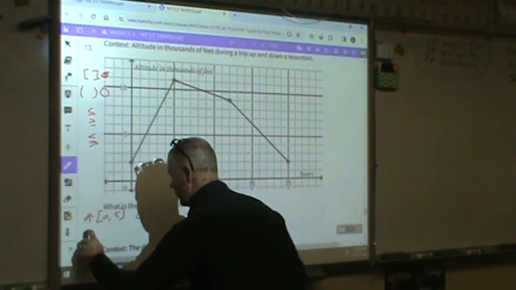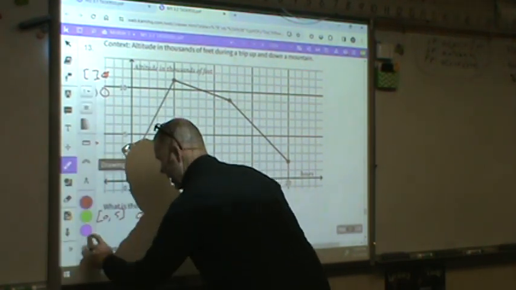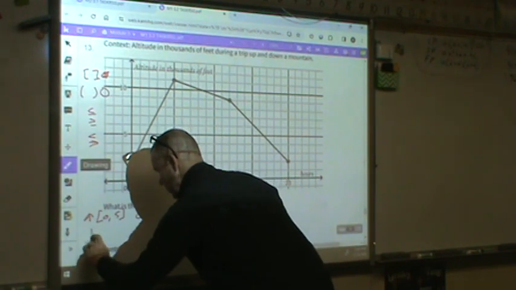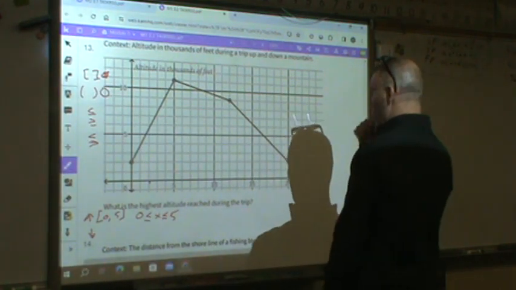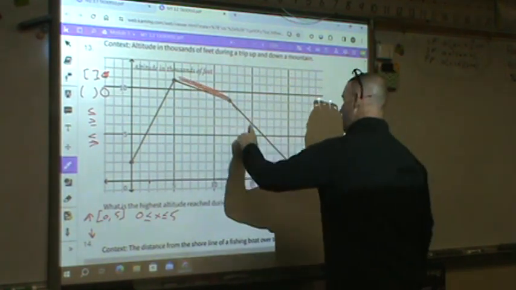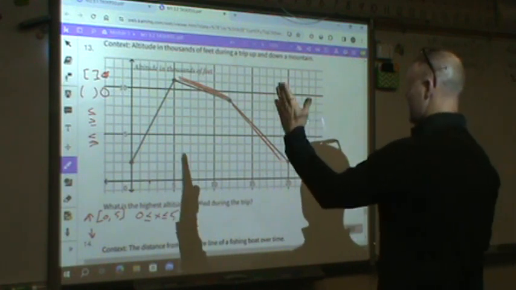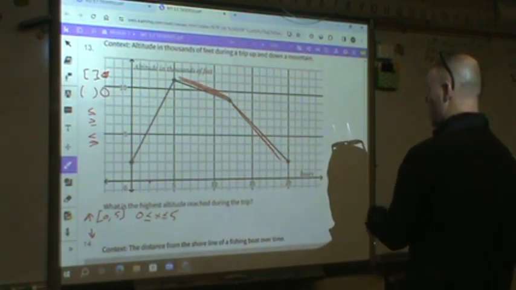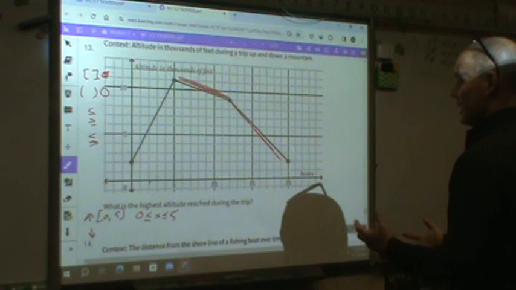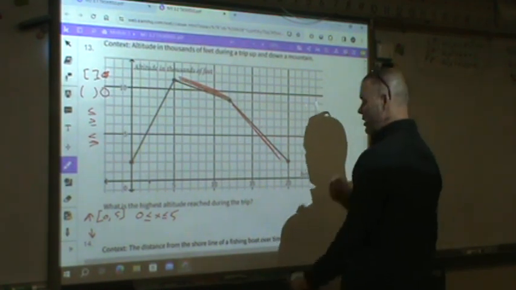Now, what about my intervals of decrease? Down is decrease. If we look, I have one interval of decrease, and then it changes. So I'm going to have two intervals of decrease. I can't say it decreases from 5 to 20, which I could, but somewhere in between the rate of change changes.